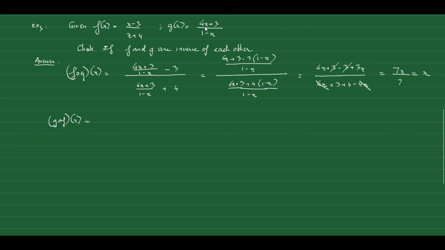So this into this. So I have 4 times x minus 3 over x plus 4, plus 3 over 1 minus x minus 3 over x plus 4. Finding the LCD. So x plus 4 times 4x minus 12 plus 3.